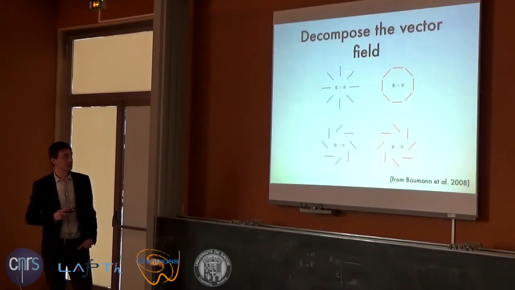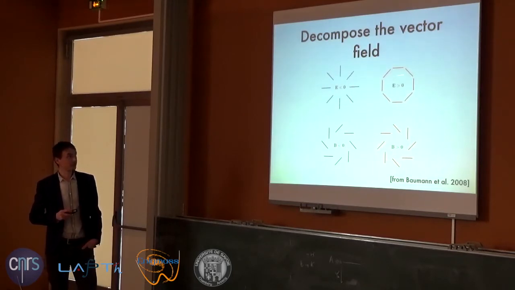Very much like electromagnetism, you can describe it in terms of one vector field that comes from the divergence of a scalar, and another vector field that comes from the rotation of a fundamental vector field. So the difference between the two is that this vector field has zero rotation, whereas this vector field has zero divergence. So these are the E and the B modes.